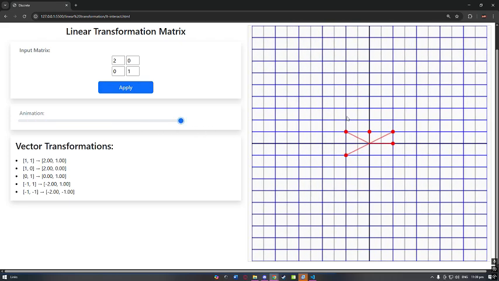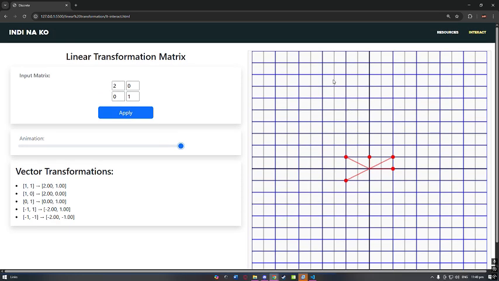You can see that the grids also have meaning: the blue line is the transformed grid, while the gray lines are the original scale or original grid.